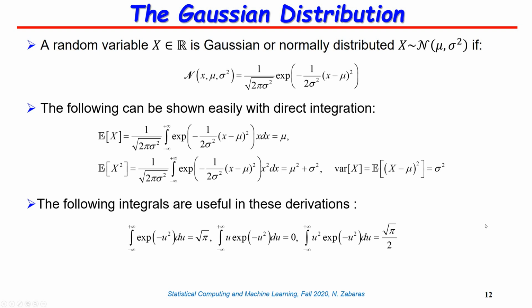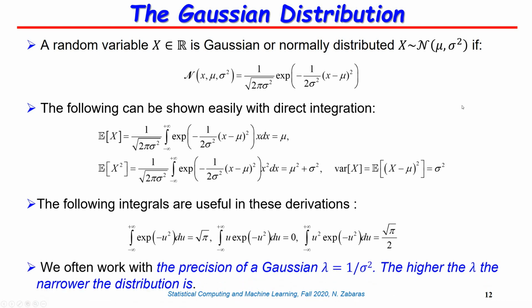Let me introduce another notation. When you write the Gaussian distribution, so you say x follows a Gaussian distribution, and these are the mean and the variance. A lot of times, instead of the variance, we use the inverse of the variance, and that is what is called a precision. The reason often the precision is a more useful parameter for the Gaussian is because it makes various calculations computationally and analytically easier than if you use the variance directly.